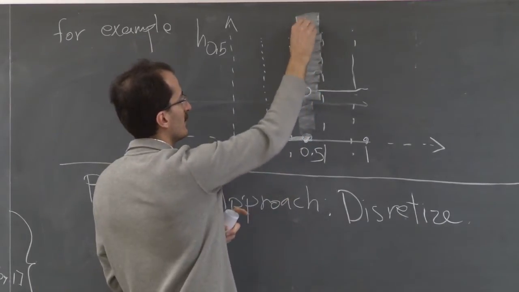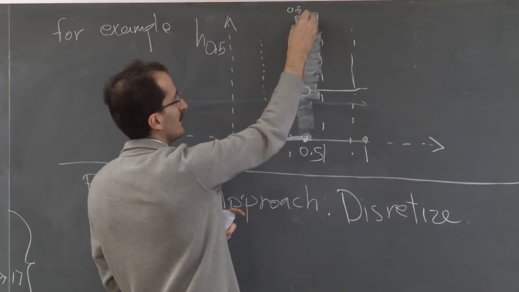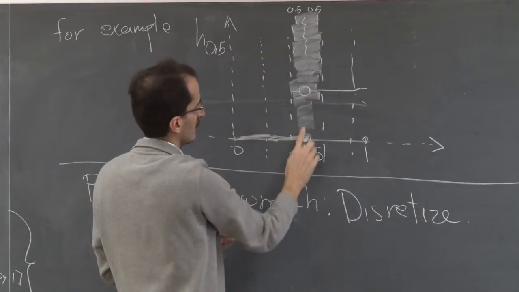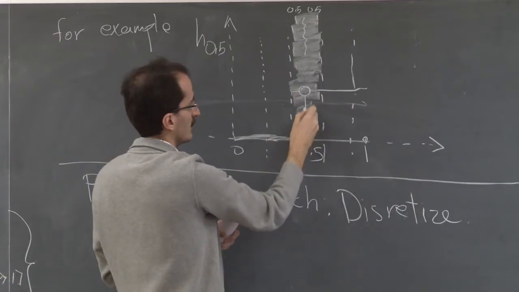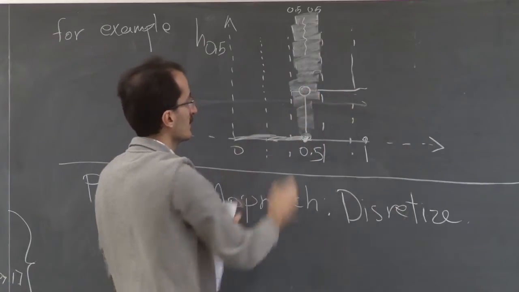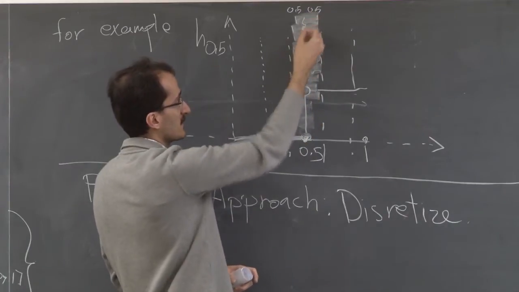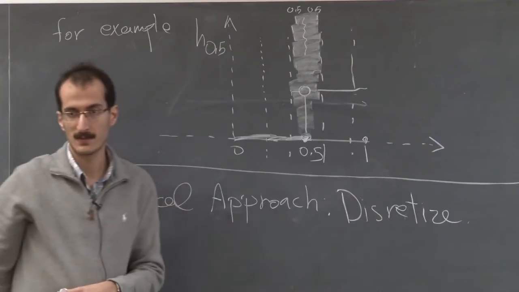So 50% are somehow here, 50% are somehow here, and the true labeling function is this. If we take this one, we miss this 50%. If we take this one, we miss another 50%.